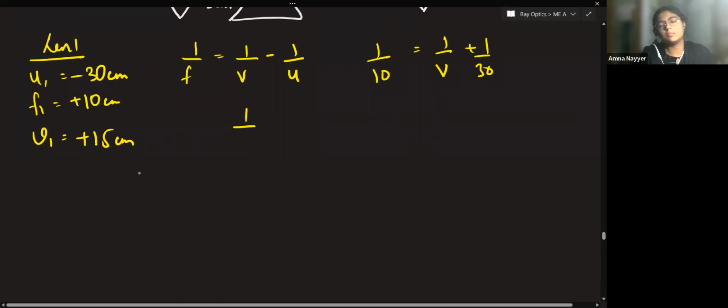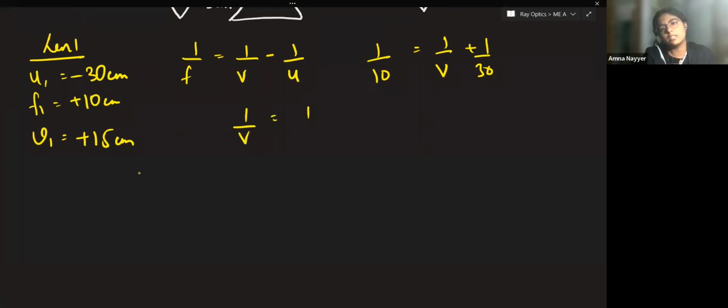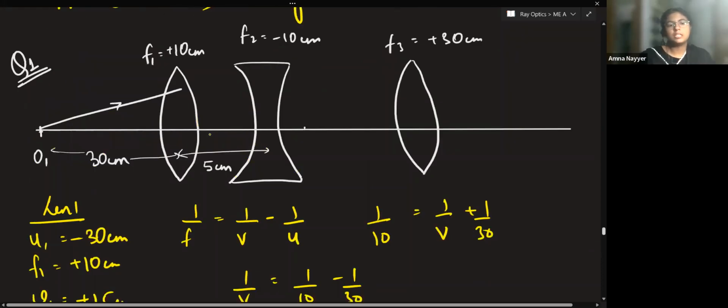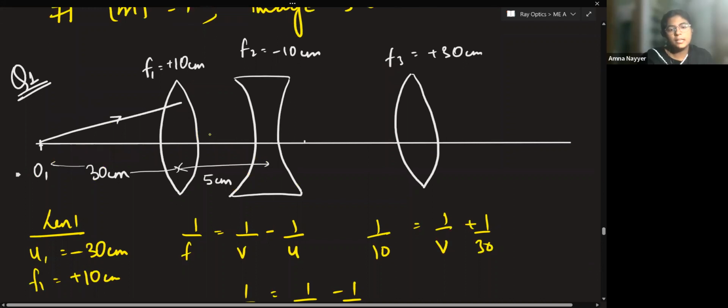V will be what? Just check somebody. If minus 30 centimeter is object distance, focus is 10 centimeter, then what will be image distance? So this part is 30 centimeter, this is 5 centimeter. 15 centimeter, no?